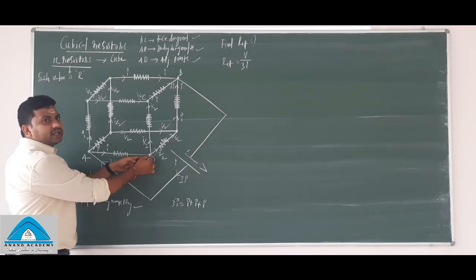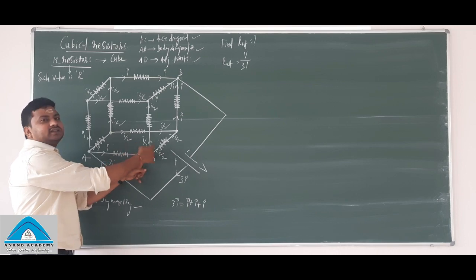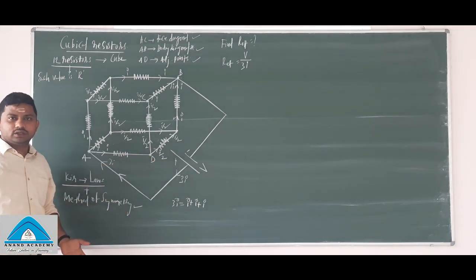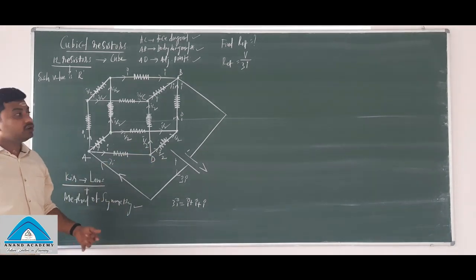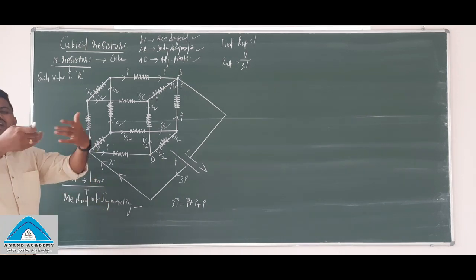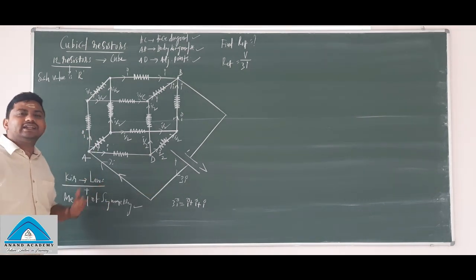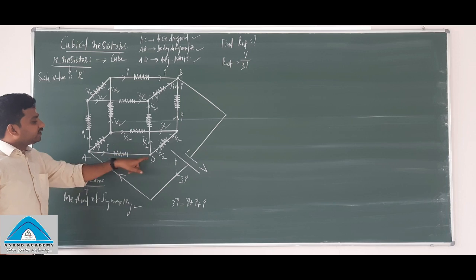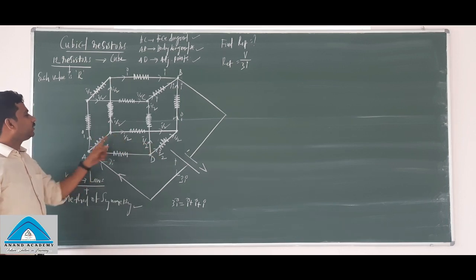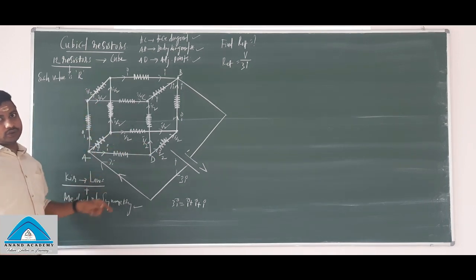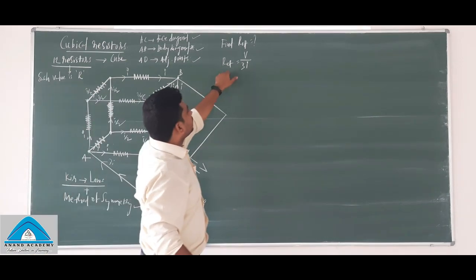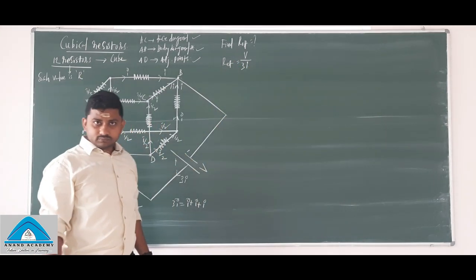Same, at this junction, I by 3 will split into 2 parts here and here. So the answer will be same. Okay. So for our convenience, we have taken 3I. Then it will be very simple that I. Then at this point I by 2, at this junction I by 2, and at this junction also I by 2. Right?